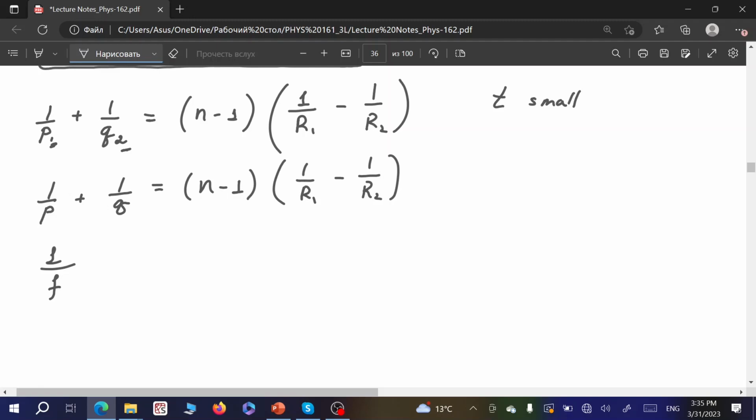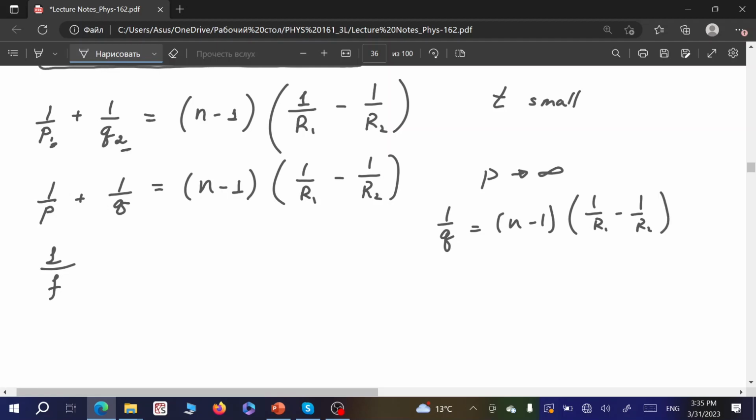So now if we consider p approaching infinity, that's the case when all rays will travel parallel to the optical axis, then 1 over q will be equal to n minus 1 times 1 over r1 minus 1 over r2.